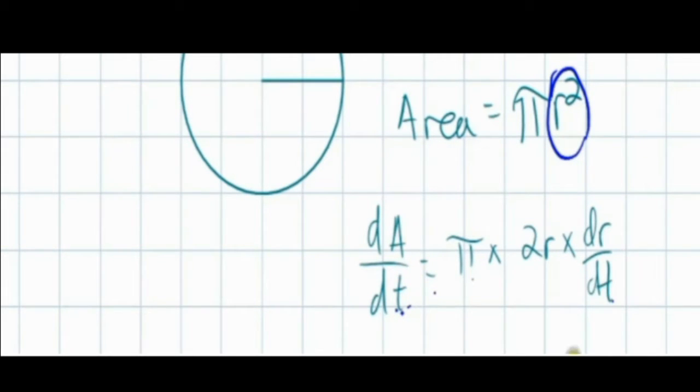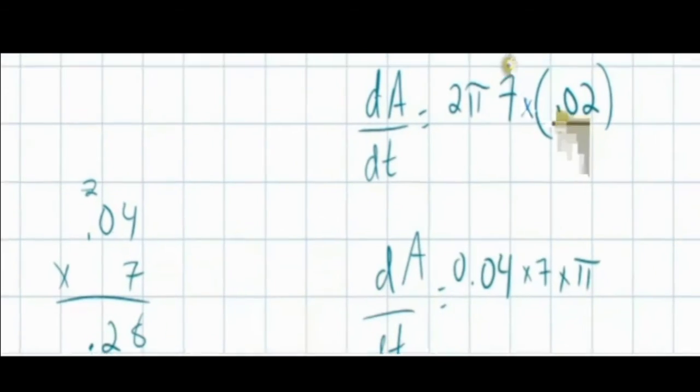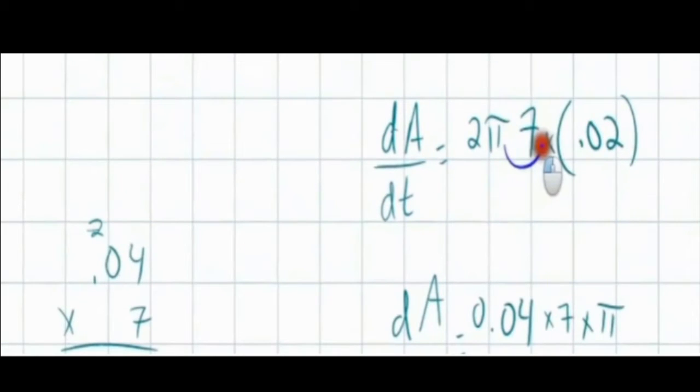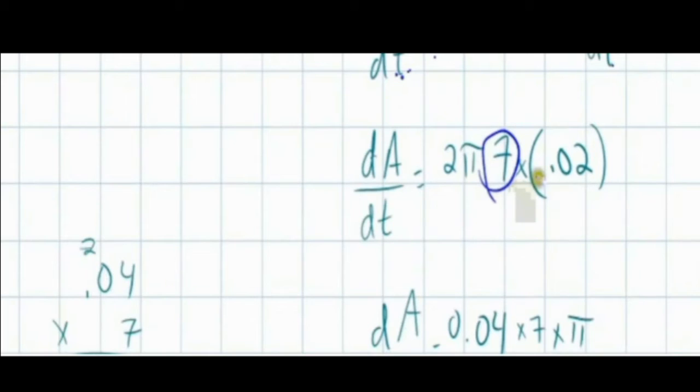So now what? Well, now we plug in our dr dt, which we labeled up here as 0.02. The rate of change of the area is going to be equal to these numbers, and you'll notice that I replaced my r with the number 7, and that's because they wanted to find what the rate is increasing at when the radius of the circle is 7. So I've replaced the radius with 7 because that's what they wanted.